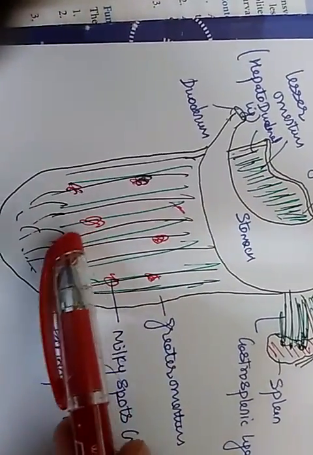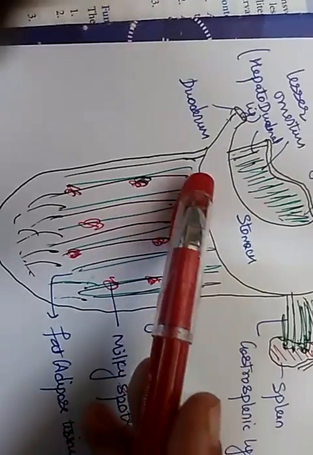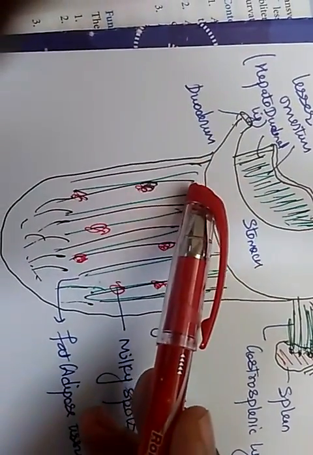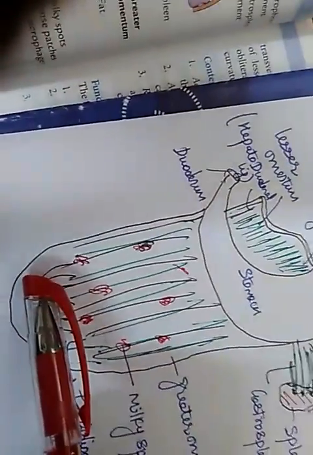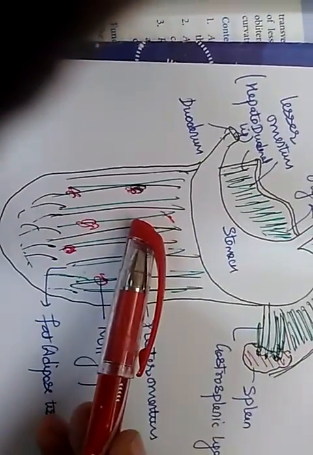It is a thick fold of peritoneum which hangs down from the greater curvature of stomach and the adjacent part of duodenum, like an apron, and covers the intestinal loops to a variable extent.